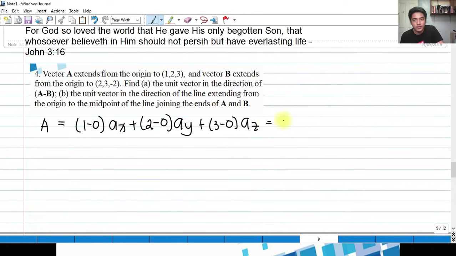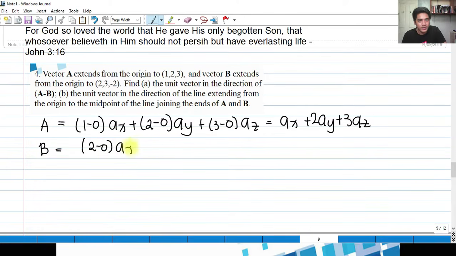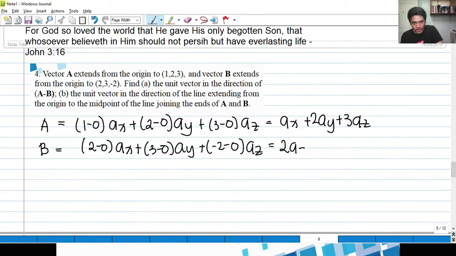So simply this is ax plus 2 a sub y plus 3a sub z vector. And from the vector B, the same, from origin to this point. So 2 minus 0 ax plus 3 minus 0 ay plus negative 2 minus 0 a sub z. So the result is 2ax plus 3ay minus 2az.